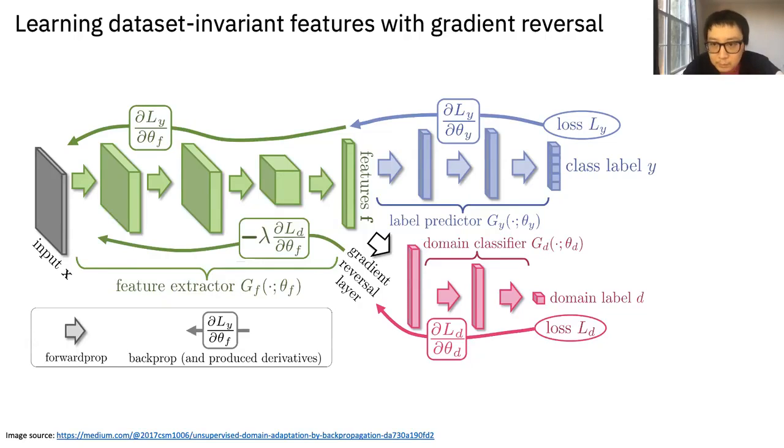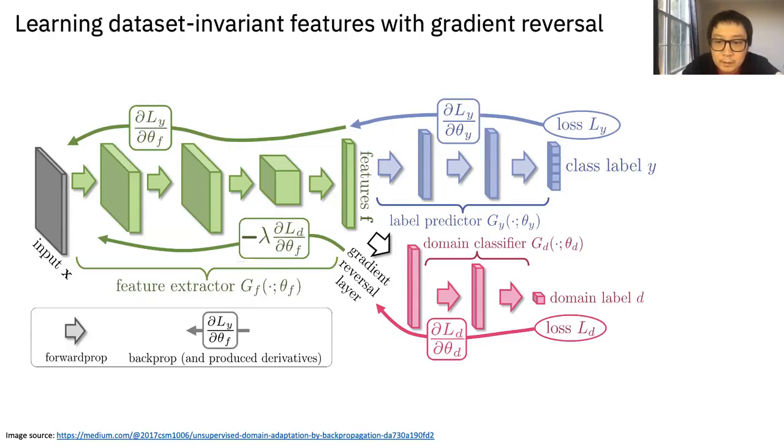During back propagation, it multiplies the gradients received from the later layer by -1. So intuitively, during backpropagation, the output of the gradient reversal layer is basically leading to the opposite of gradient descent. That is, performing gradient ascent on the feature extractor with respect to the classification loss of the domain predictor.